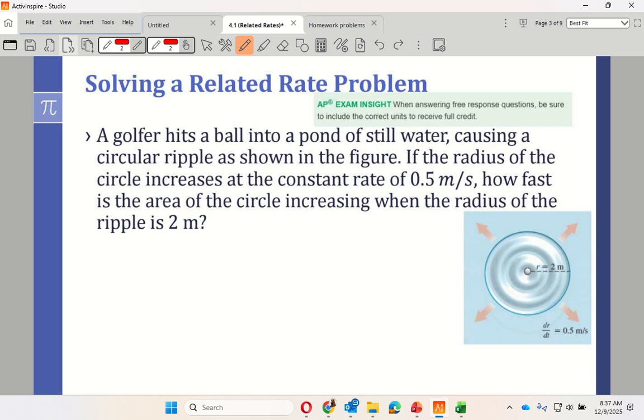Are we talking about area of a circle? Yes. That means that area is equal to pi r squared. What is my radius? 2 meters. Any other information?